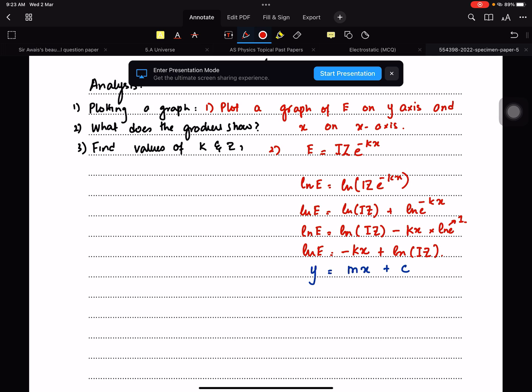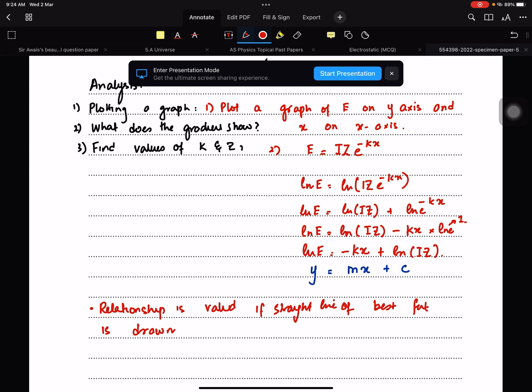So I could just write that this relationship is valid if a line of best fit is drawn. By the way, I have to write straight line.